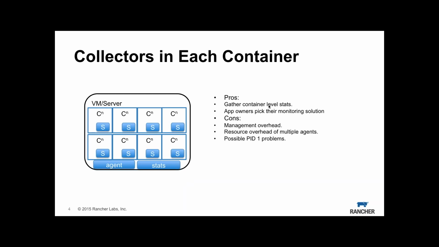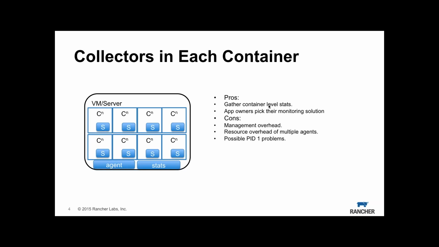With a collector in each container, you're basically duplicating the collector in every container, either through a sidekick or another process running in the container. This is nice because you get container level stats. If you have multiple application teams in a trusted environment that are deploying in the same space, you can allow those teams to pick the tools that they'd like.